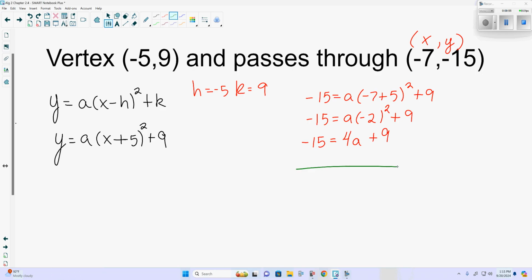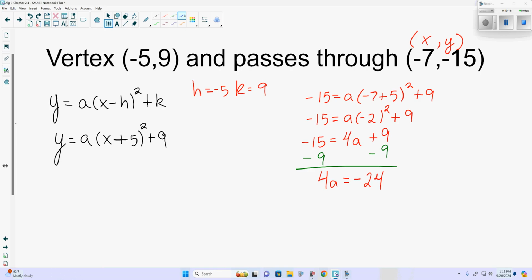What would we do next? Minus 9. So 4a equals negative, I mean, negative 9 minus, it's negative.